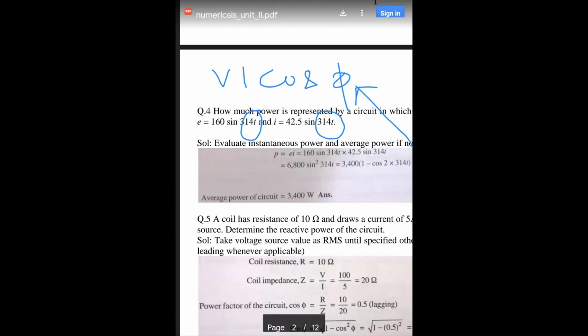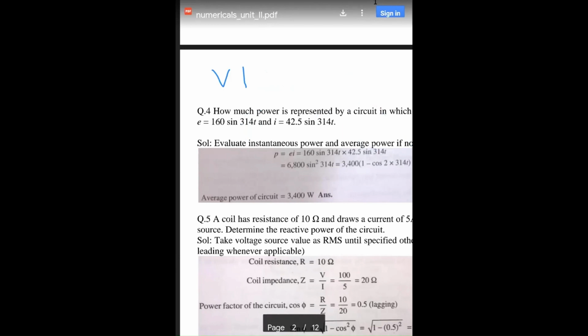Sometimes it does happen that it is not given in the numerical whether it is a resistive, inductive or capacitive load. We have to interpret it from the values given. So this is a resistive load, and the phi angle is 0. When phi angle is 0, cos phi becomes 1.